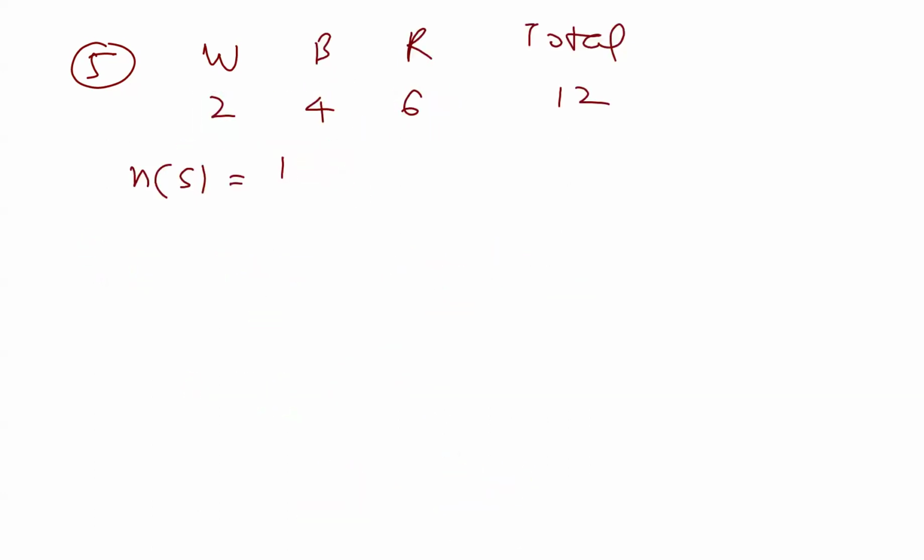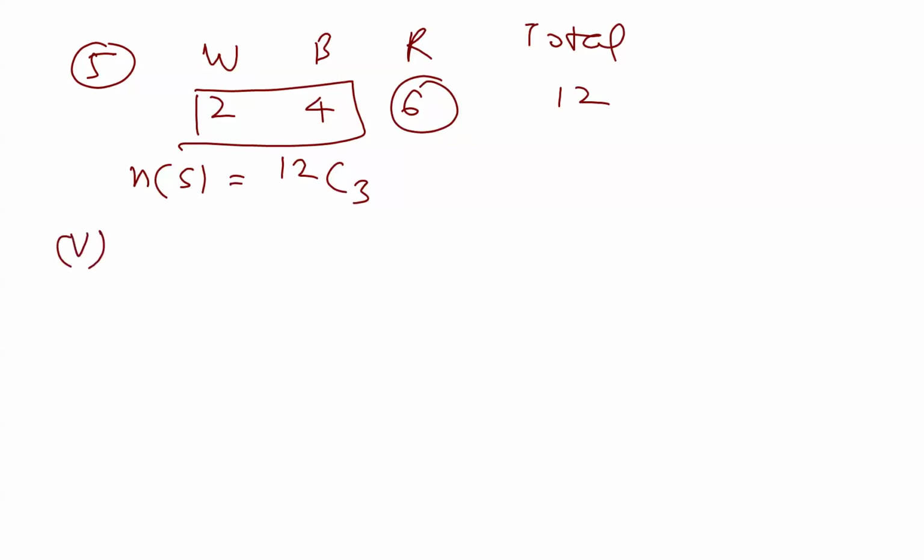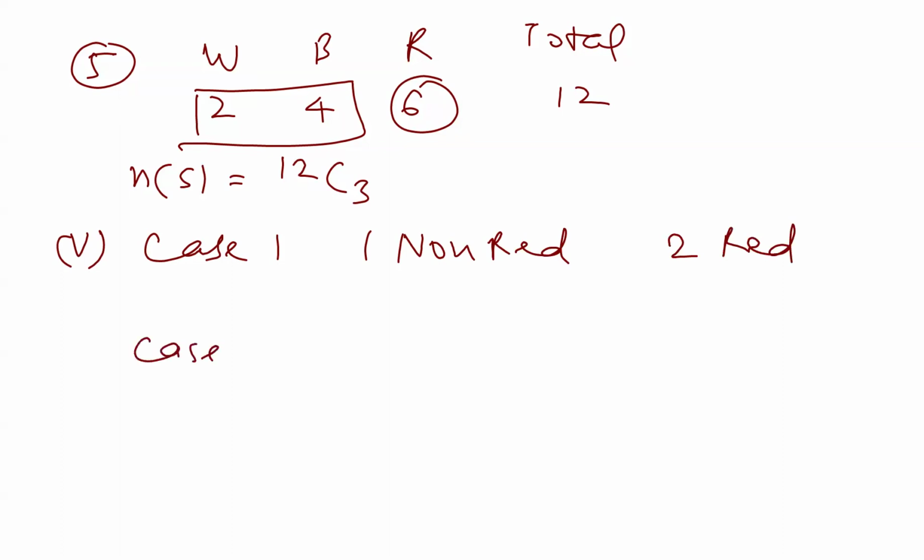Not all of them are red. Now this sub question can have cases. Case 1, not all are red: one non-red and two red. Case 2, two non-red, one red.